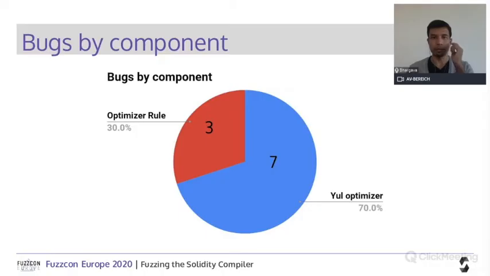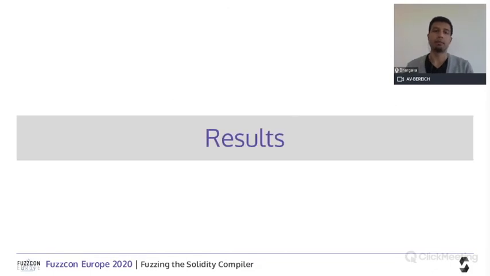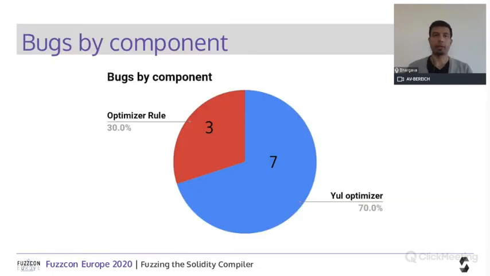So now we come to what we found using this approach. We found about 10 bugs, 3 in the optimizer rule. The optimizer rule is essentially a rule which states the transformation that should take place. For example, a multiplication between 2 operands, one operand being 0, should result in the product being 0.